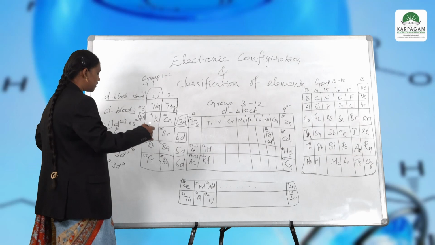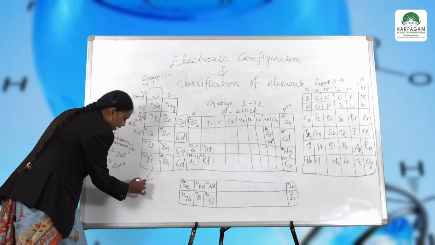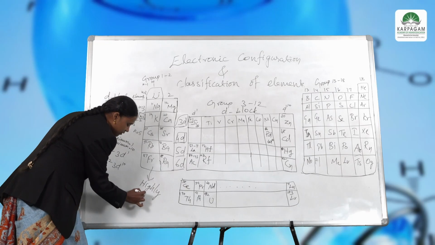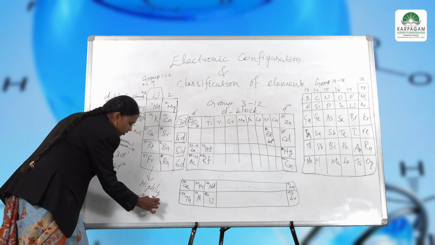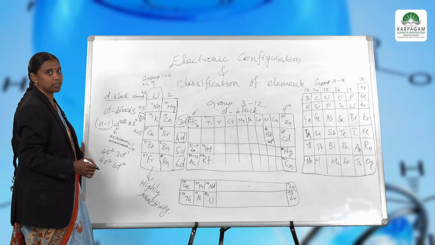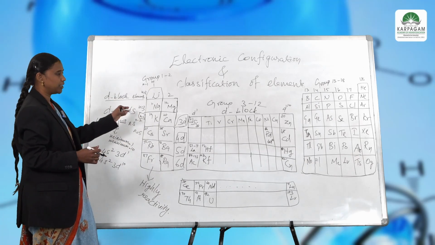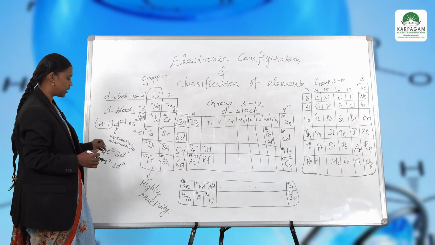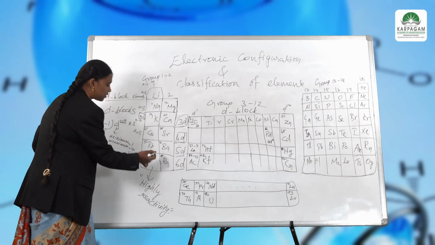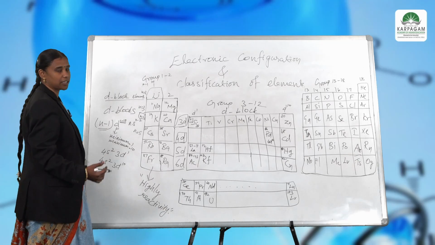The s block elements are highly reactive. Due to this high reactivity, they are not present in pure form in the earth's crust; they are mostly present in the form of oxides in nature. The reason is their higher reactivity.